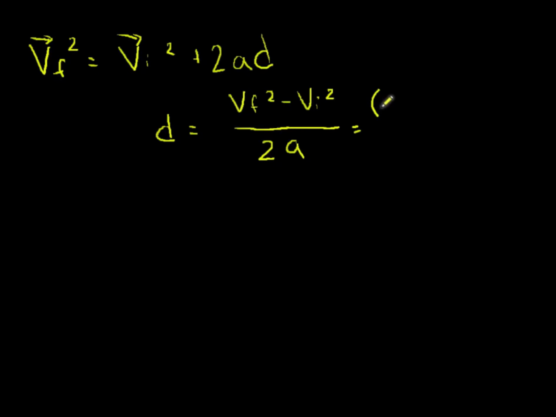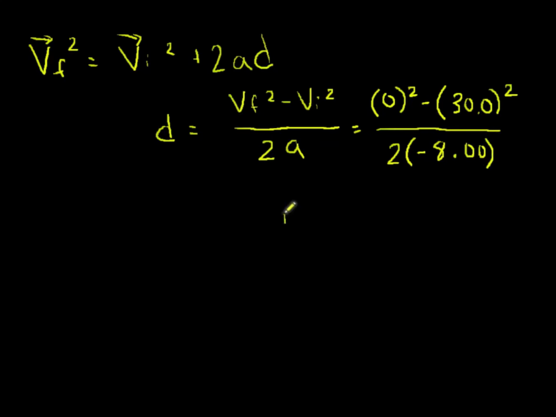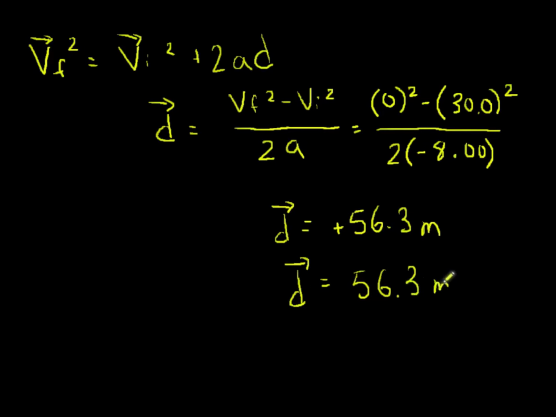We can substitute in our values of 0 squared minus positive 30.0 squared divided by 2 times negative 8.00. This gives us a displacement equal to 56.3 meters. Since this is positive, we rewrite this as 56.3 meters to the north.